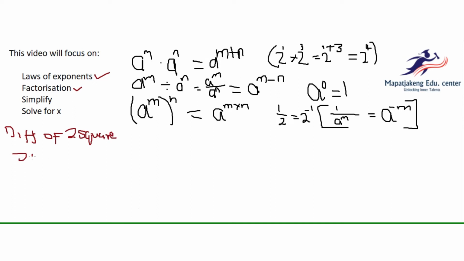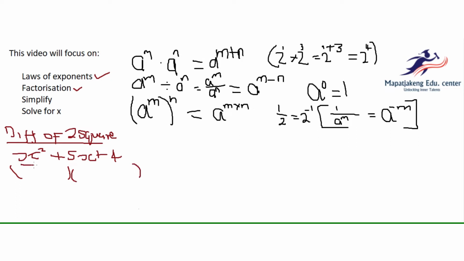That's when maybe we have x squared plus 5x plus 4. Then there's no way you can factorize this by common factor. The only thing you have is the difference of two squares, meaning the brackets keep big.